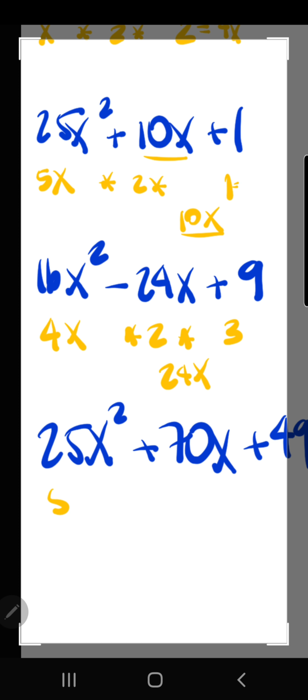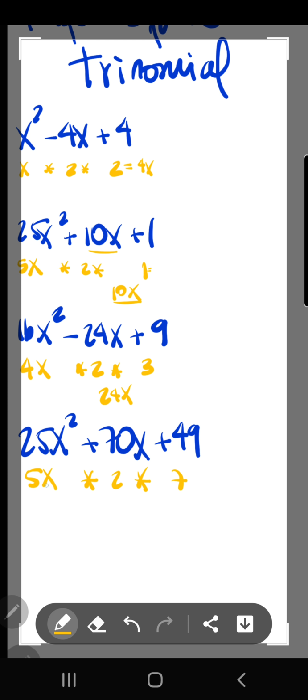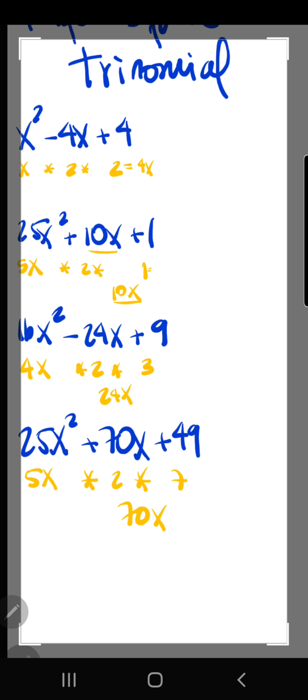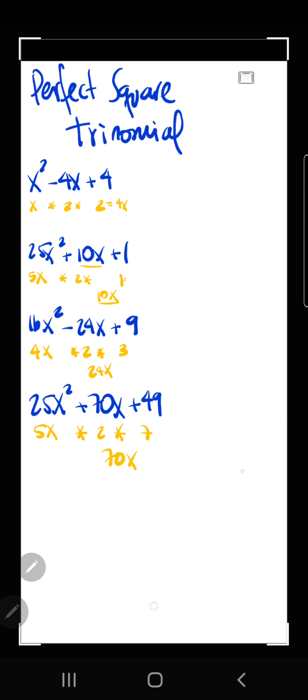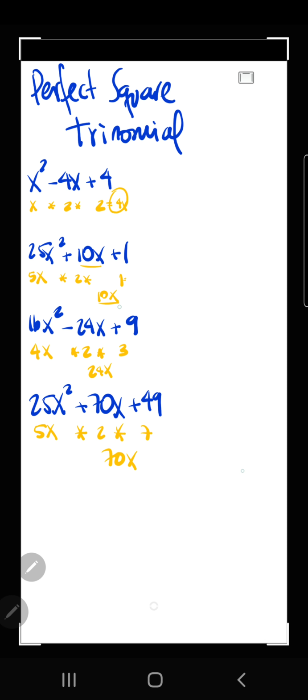And this one, 5x times 2 times 7. 5x times 2 is 10x. 10x times 7 is 70x. So all of them are perfect squares because this is the proof, because they are the same numbers that we have in the middle.